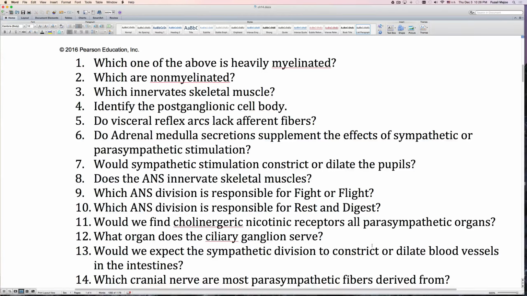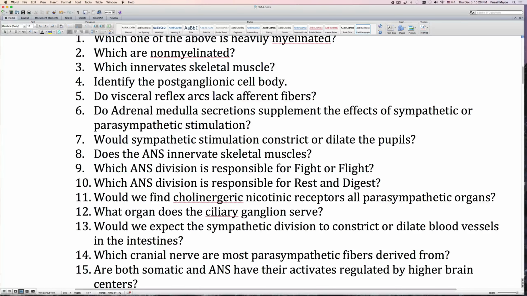Number 14, which cranial nerve are most parasympathetic fibers derived from? Number 15, do both the somatic and the autonomic nervous system have their activities regulated by higher brain centers?